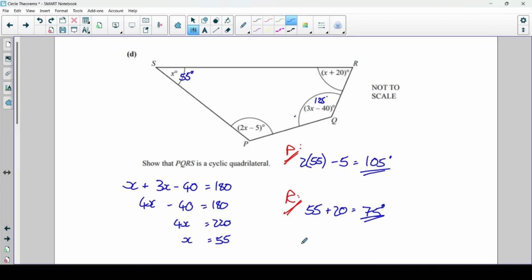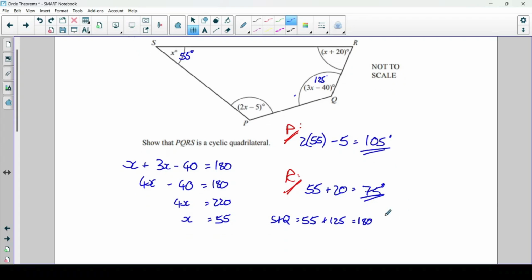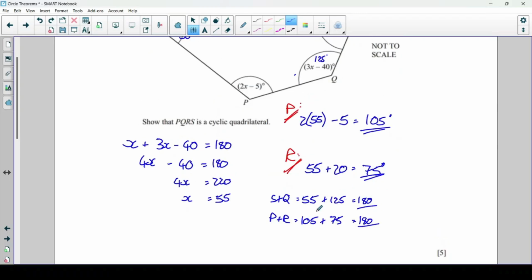So now I just need to convince them that opposite angles add up to 180. So S plus Q equals 55 add 125, which is 180, and P plus R equals 105 plus 75 equals 180, and then convince them that I know what a cyclic quadrilateral actually is.